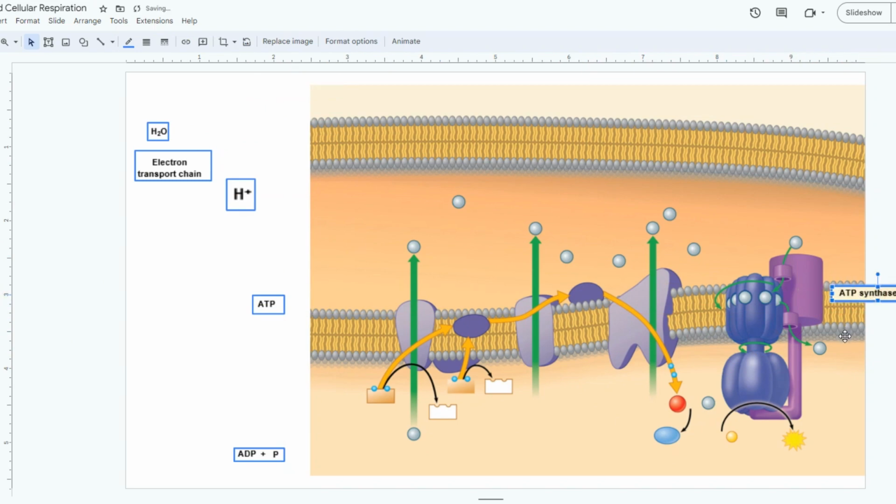Both of them are an ATP synthase. Both of them are driven by proton gradients. In both cases, you've got ATP production. What you have here, though, is happening in mitochondria. But you've got ADP going to ATP. You have the production of water. Here's your oxygen.